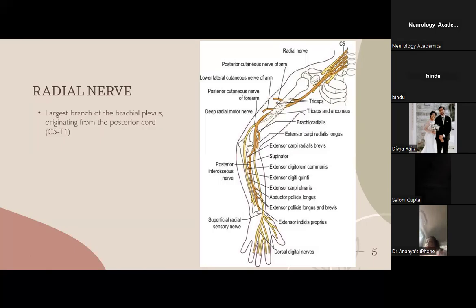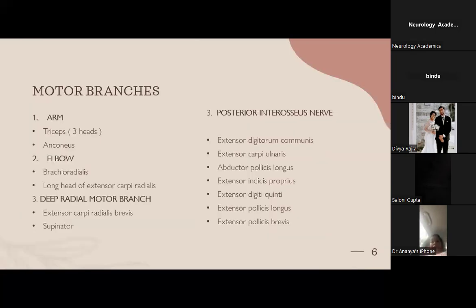So motor branches at the arm are the 3 heads of triceps and also anconeus. At the elbow, it gives off muscular branches to brachioradialis, extensor carpi radialis longus, and divides into deep and superficial radial branch. The deep radial motor branch gives muscular branches to extensor carpi radialis brevis and supinator.